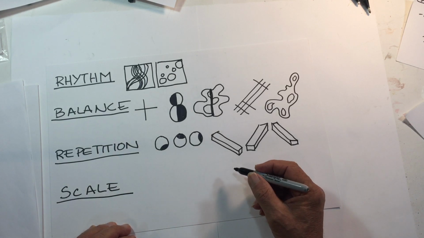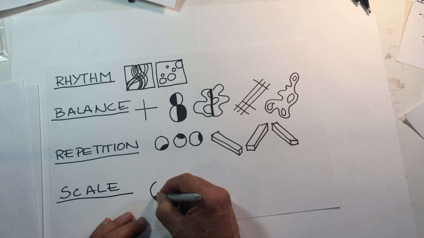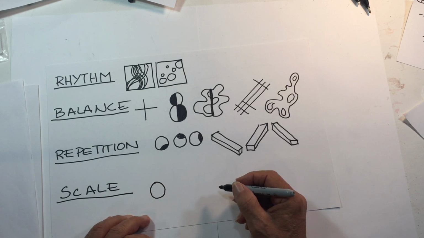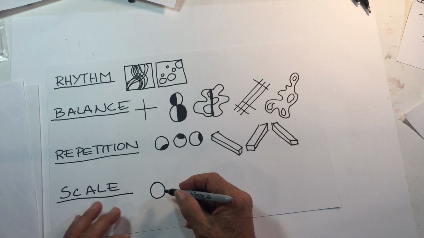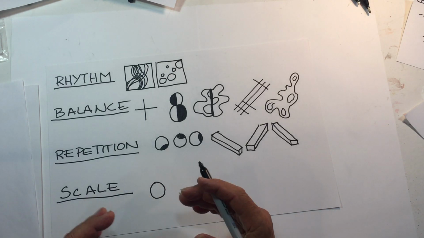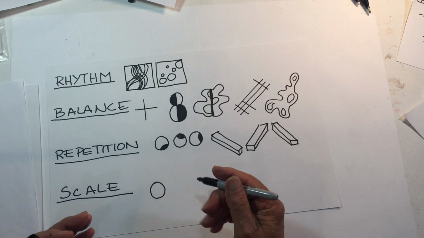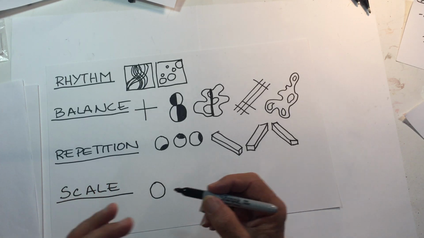So let's talk about the last thing here. It's scale. Scale can be very dynamic in a work. Let's say we have that circle again, and we put a circle down, and we decided, well, we're going to change the scale. The scale is the change or the variation in shape, form, texture. So it's the variation of big and small.